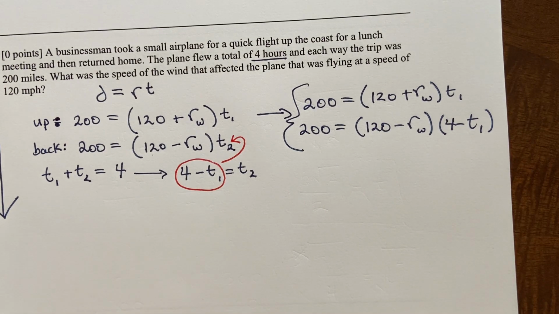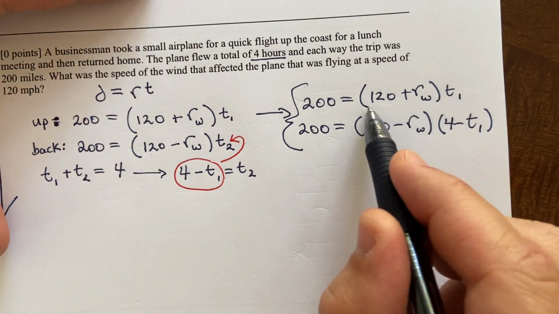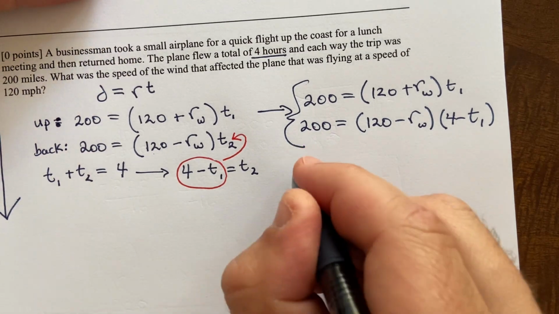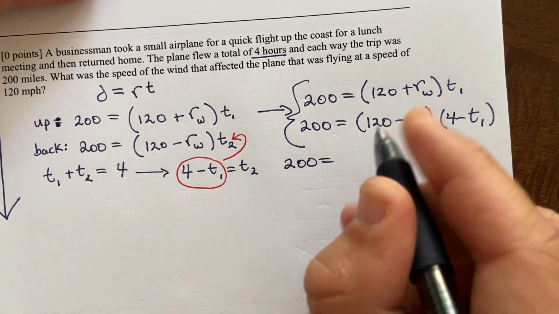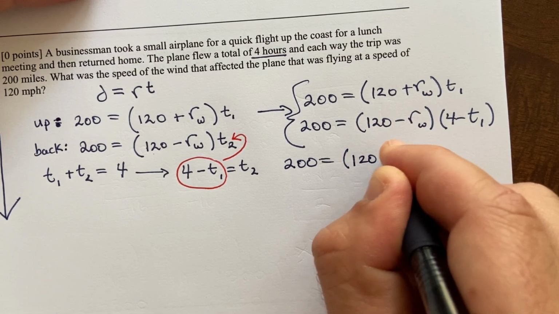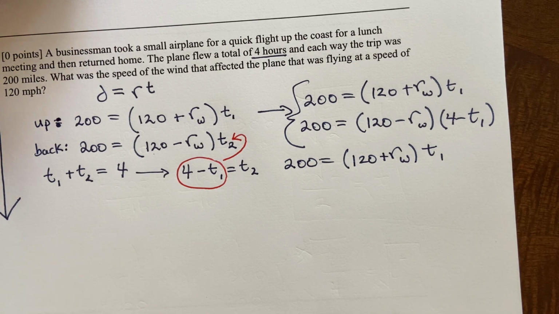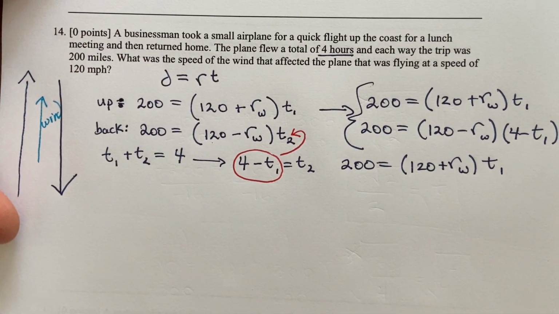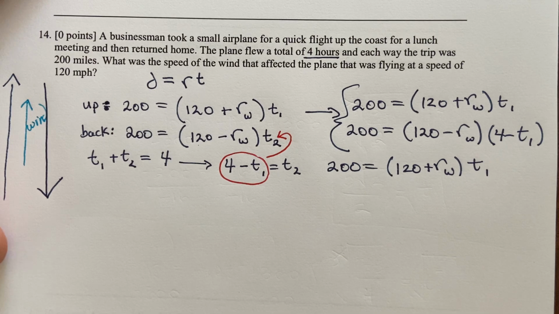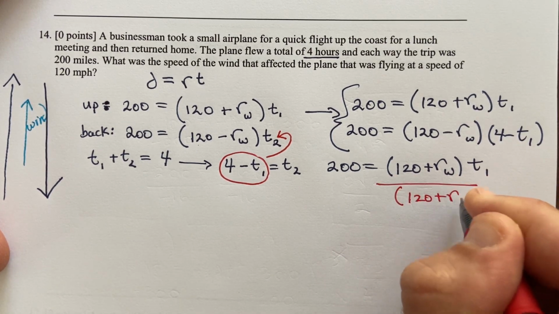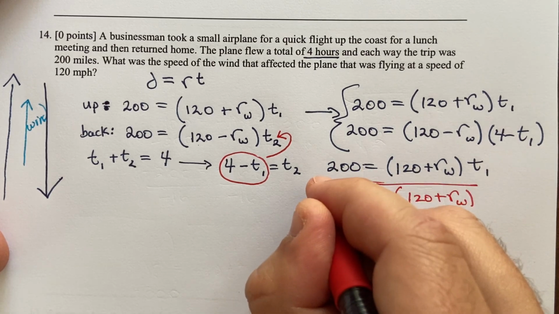So one thing I can do is go ahead and divide both sides. Let me write down that first equation here. So what I'll do with that first equation is divide by 120 plus R sub W on both sides.